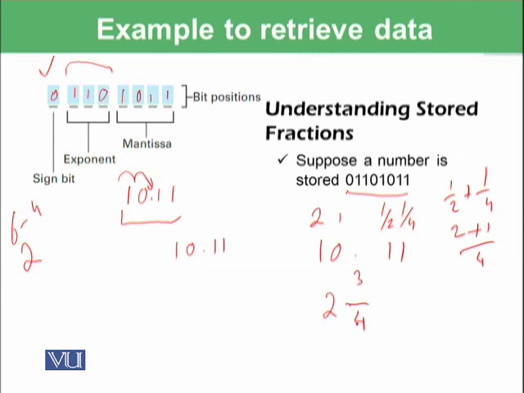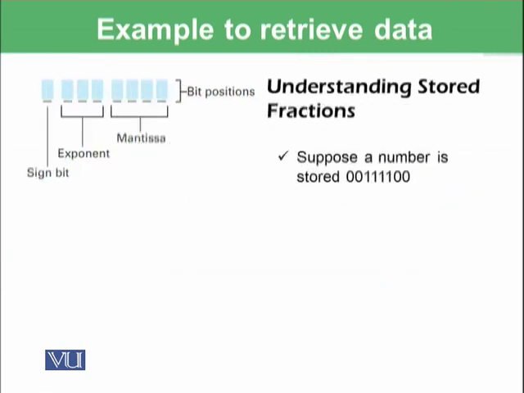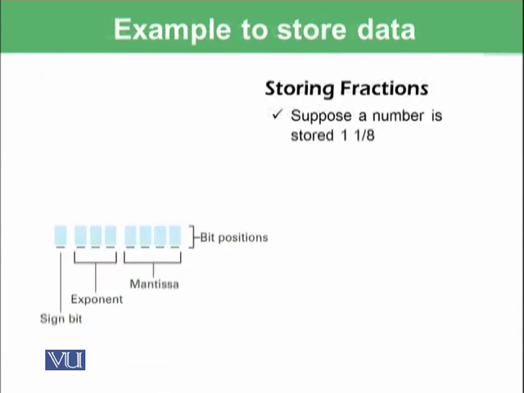So the number stored in the computer, 01101011, is actually representing 2 as the whole number and 3 by 4 as the fractional part. Similarly, you can also do another example in the same scenario. How are we going to store fractions?